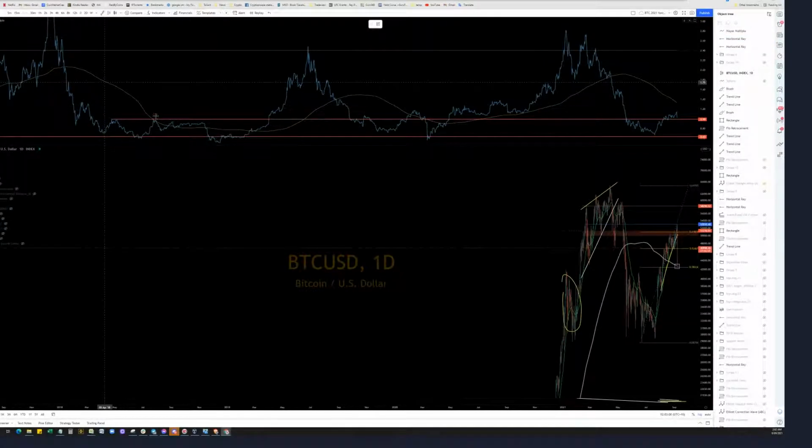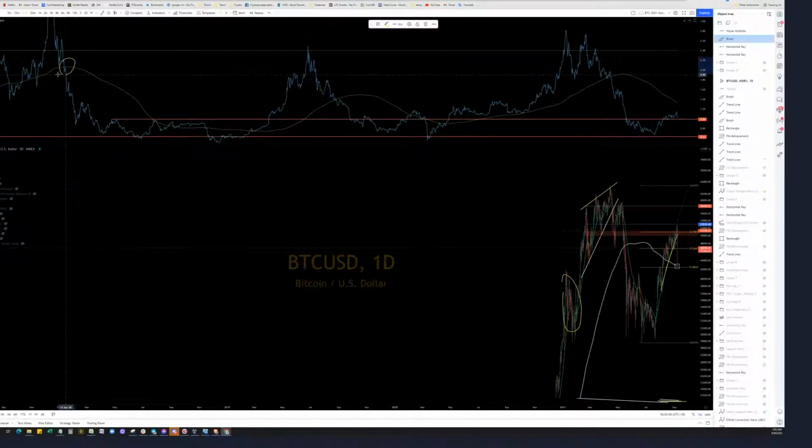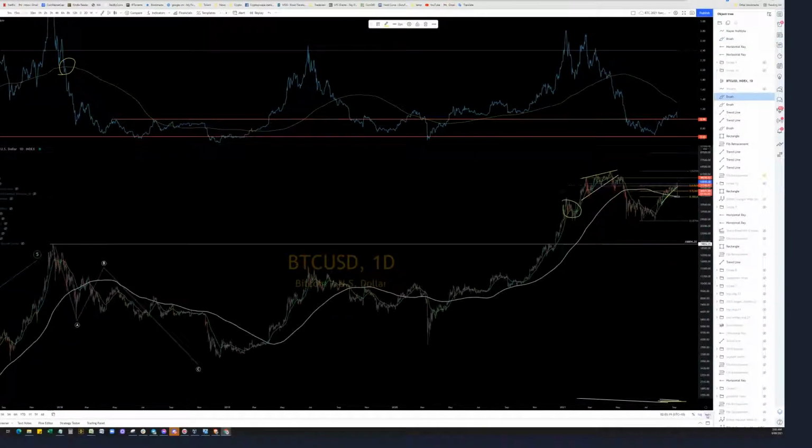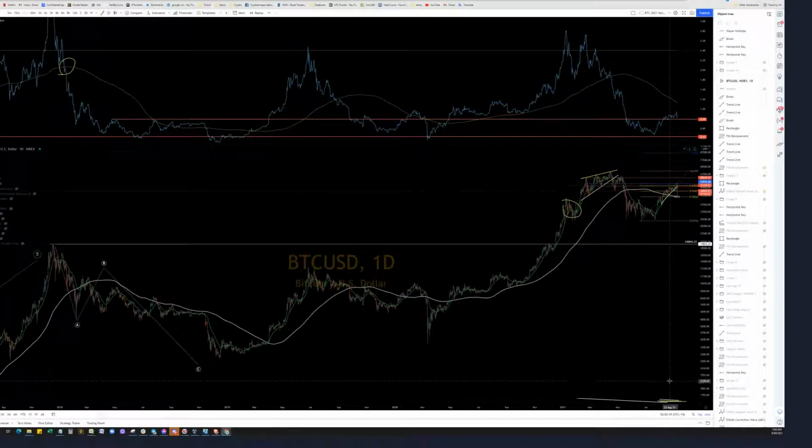So historically, if we use this, see this yellow line, that's the 200 moving average. Whenever we drop below the 200 moving average on this indicator, it's a bear market. Let me just put that there. Giving you a bit of a lesson here.